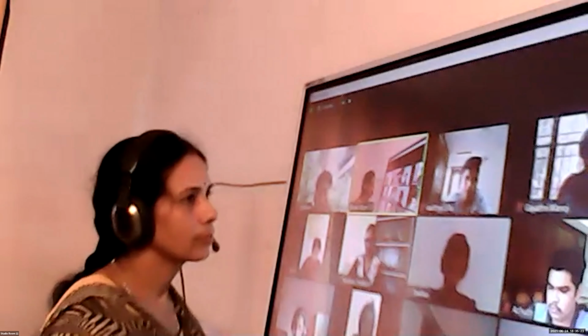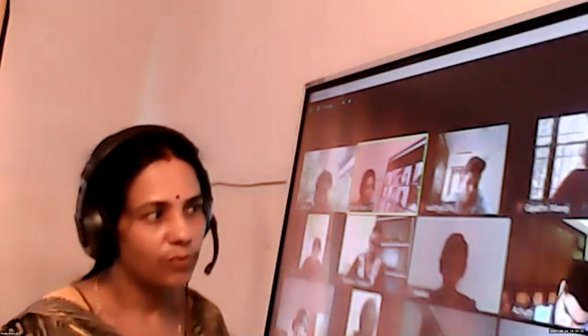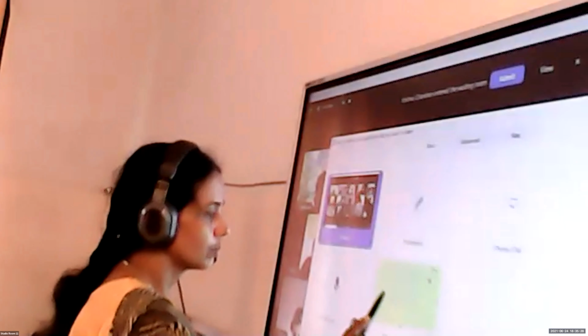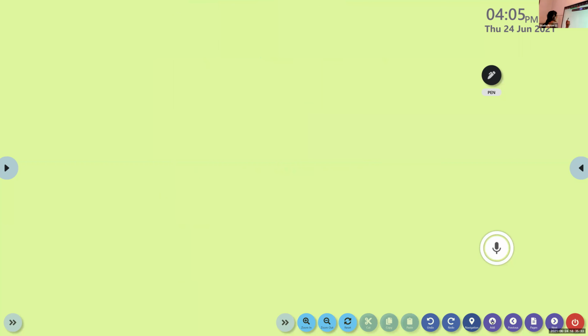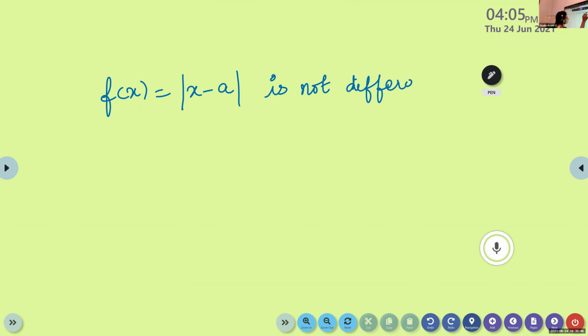Prove that f of x is equal to modulus of x minus a is not differentiable at x is equal to a. We have to prove this is not differentiable at x is equal to a.